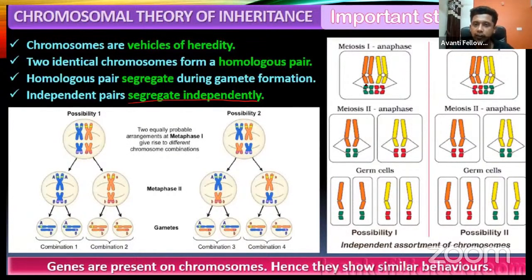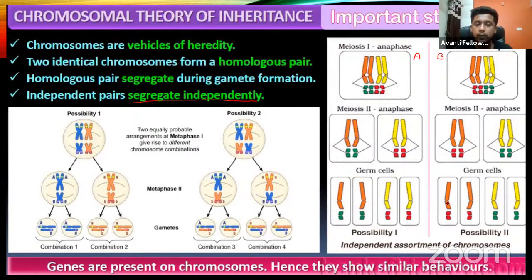If we have two cases, let us say this is set A and this is set B. You can see here where the orange chromosomes are going, orange is going with green here, and again orange is going with red here. So there are two possibilities in which characteristics are chosen and how these chromosomes get segregated during meiosis.